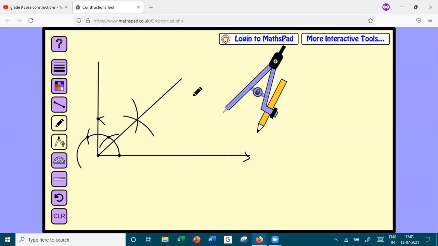Okay, so when you're doing justification, you can justify it like this, right? So you will draw two, yeah, I will join this and this point and join this and this point. Okay, let me do that here.